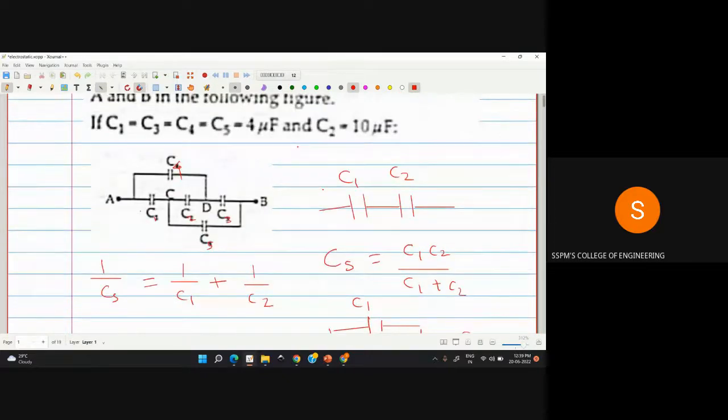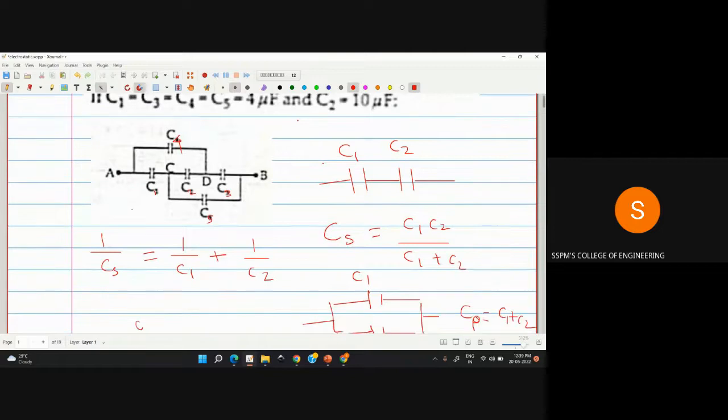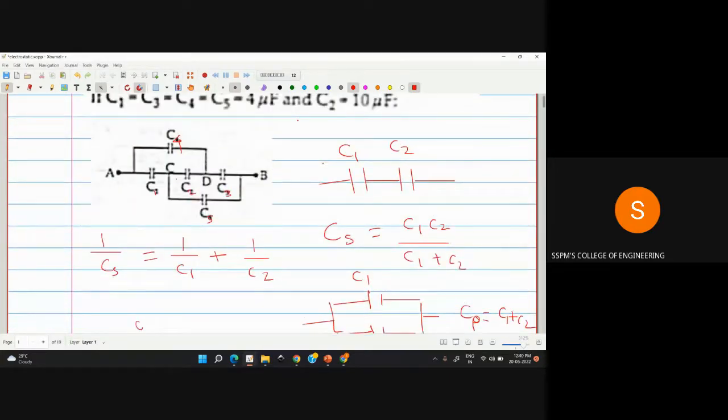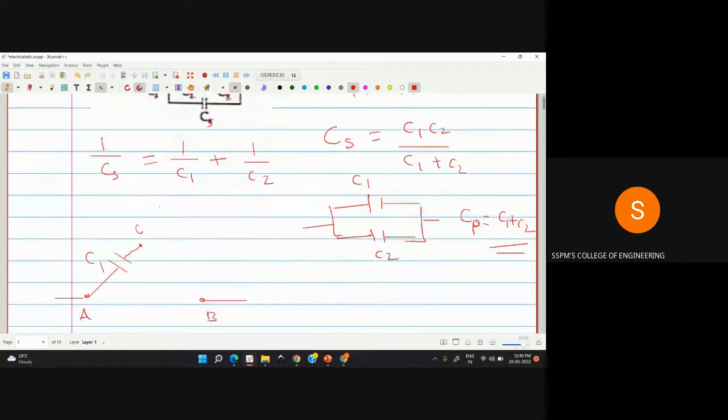आता हे बघा, C1 is connected between A and C. C1 कुठे कनेक्टेड आहे? A आणि C मध्ये. नेक्स्ट C2 कुठे कनेक्टेड आहे? C and D मध्ये.